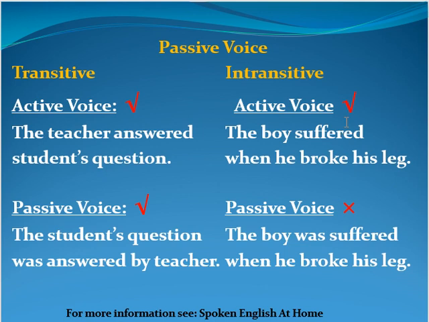Here, look, suffer is the verb, but this is not followed by any object. So when it is not followed by an object, it is impossible to be changed into passive voice. That's why this is wrong according to grammatical rules. So it was brief information about transitive and intransitive verbs in the English language. Now let's go and study these important points in Farsi, or we can say the Persian language.